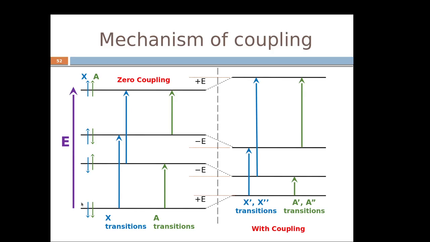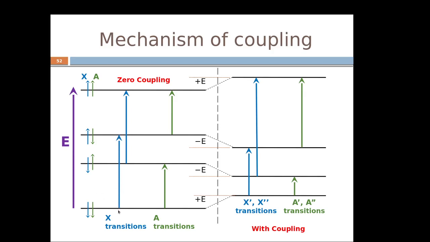We have a down spin for X nucleus here, and the upper energy states that have an up spin are this state and this state. So transition could happen from here to here, and from here to here as well. But since this is energetically more favorable, transition could happen from here to here.